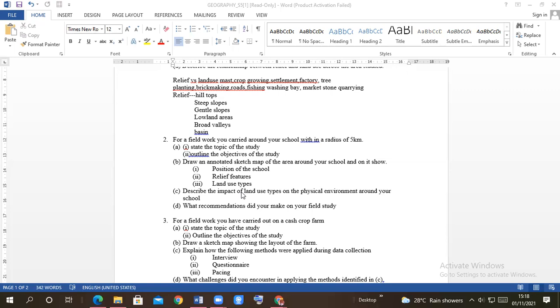So you bring out how these land uses have affected positively and negatively the physical environment. I've told you the physical environment has atmosphere, biosphere, lithosphere, and hydrosphere. I gave you one point that affects the atmosphere, that is air pollution. I've given you one point that affects the hydrosphere, that is water pollution. I've given one point that affects the lithosphere, that is land pollution.